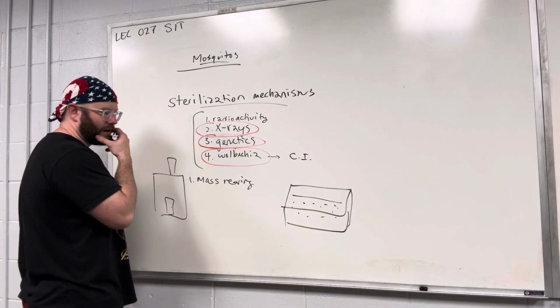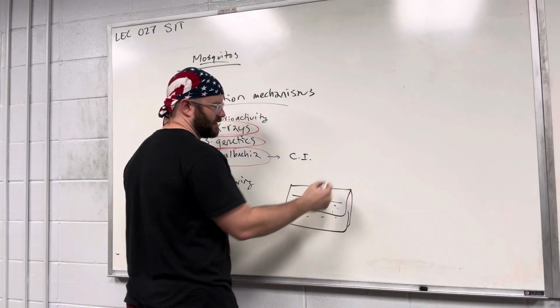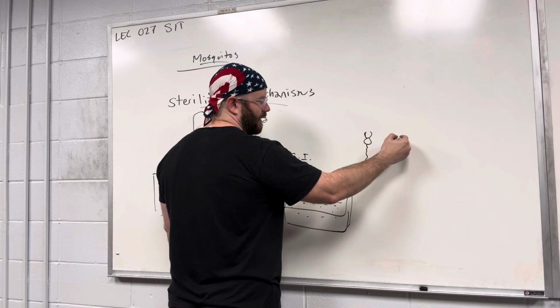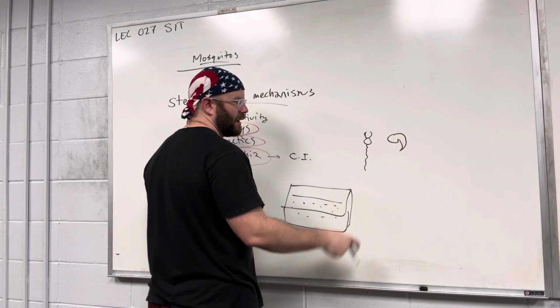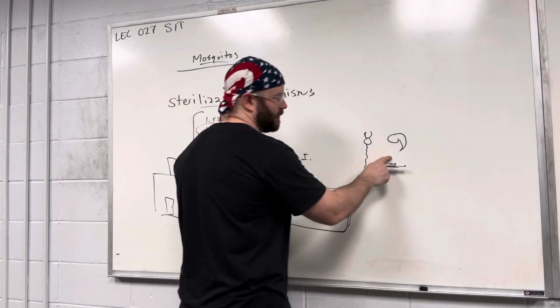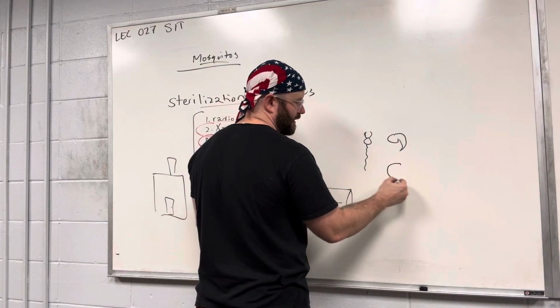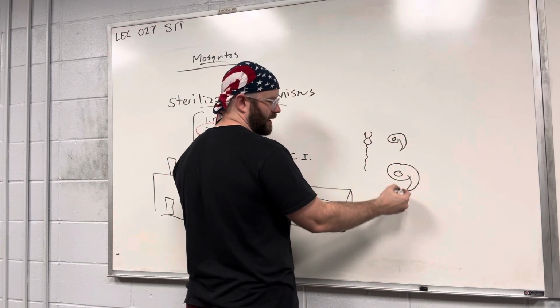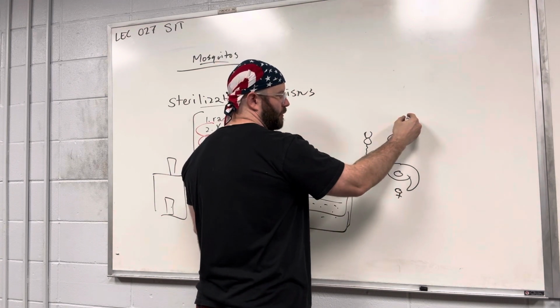Then the larvae go to a pupal stage. The larvae look like this, and the pupae look like this. The nice thing about mosquitoes is the pupae have sexual dimorphism at the pupal stage. The female pupae are fatter, they actually have eyes, and the male pupae are smaller.